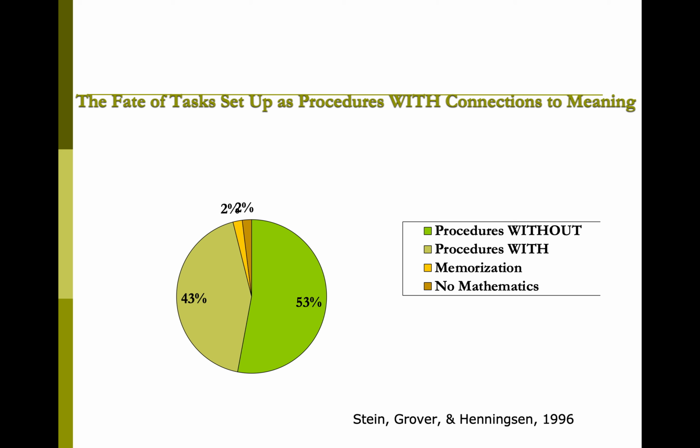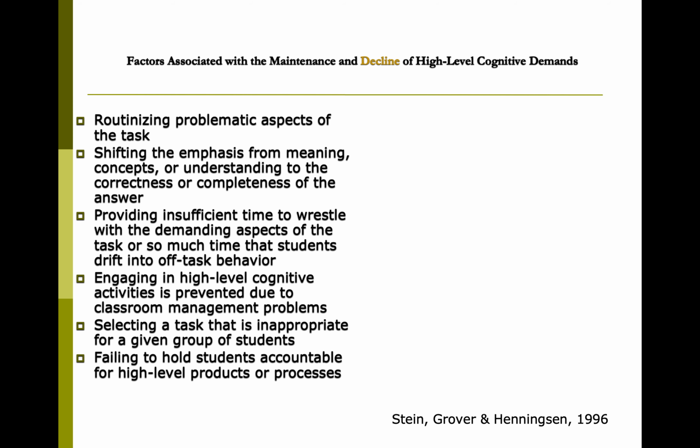And what we see is that if we engage in implementing procedures without connections, there's less of an opportunity to make connections and to learn. Whereas if we engage in implementing tasks and look at procedures with understanding, we can lift up and better understand, better meet the needs of our students.